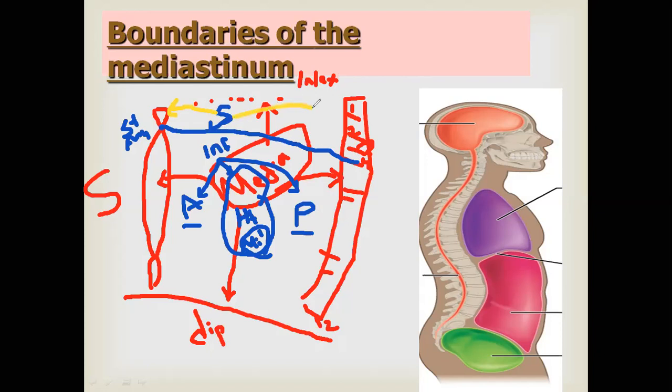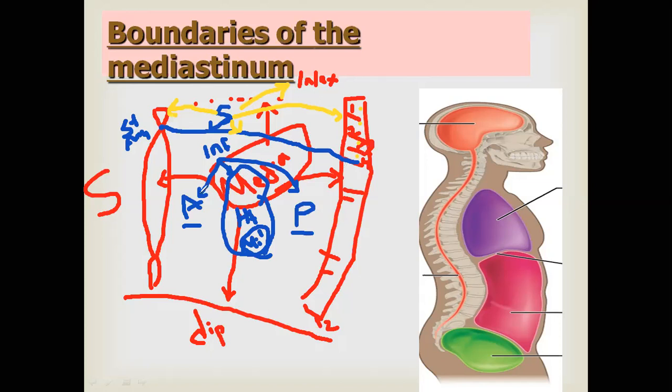Posterior to it are the thoracic vertebrae, but not all, only numbers 1, 2, 3, and 4. Superior to it is the inlet of the thorax. Inferior to it is the imaginary line. On both sides will be lung. This is regarding the boundaries of the superior mediastinum.